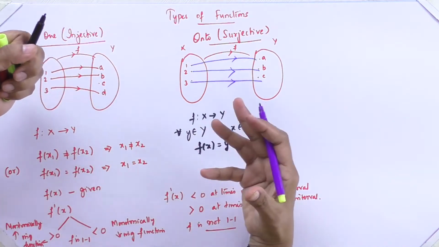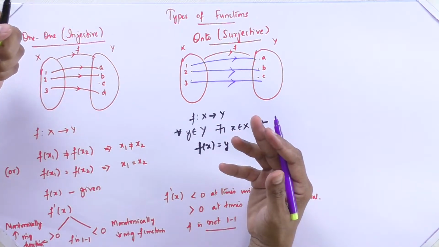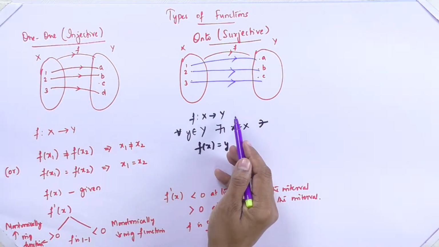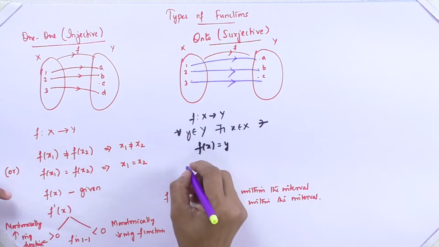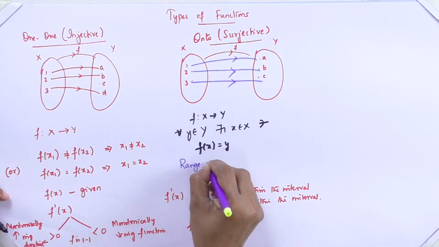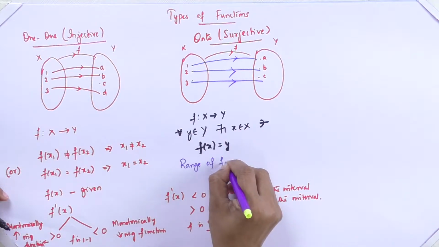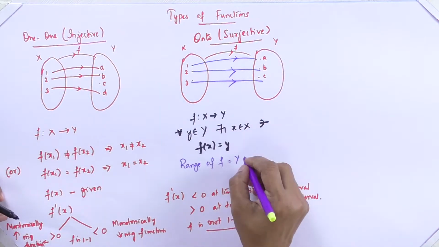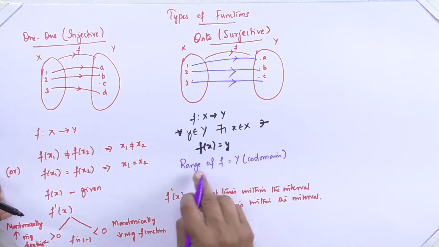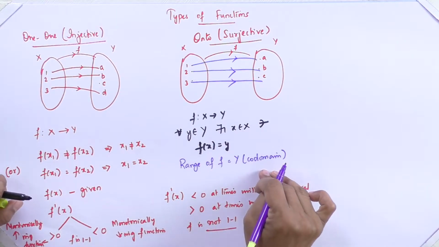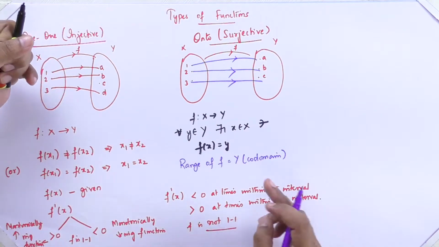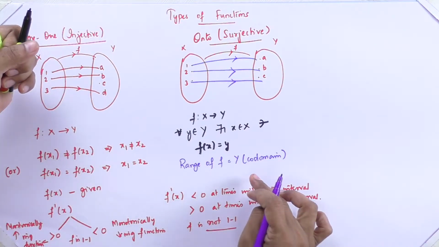The other way of defining an onto function is that the function f from X to Y is said to be onto if the range of f is equal to Y. Y is nothing else but the codomain set. So whenever the range is equal to the codomain set, the function is said to be onto. So there are two ways we can define an onto function.